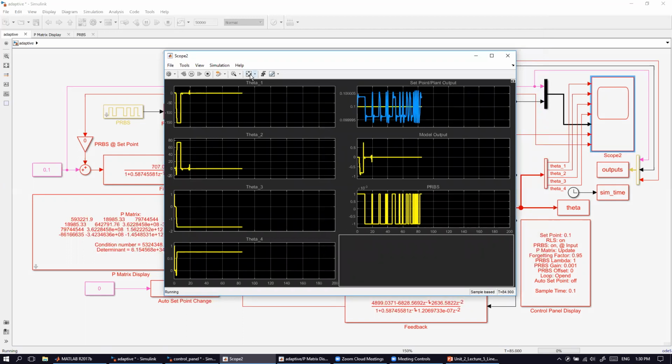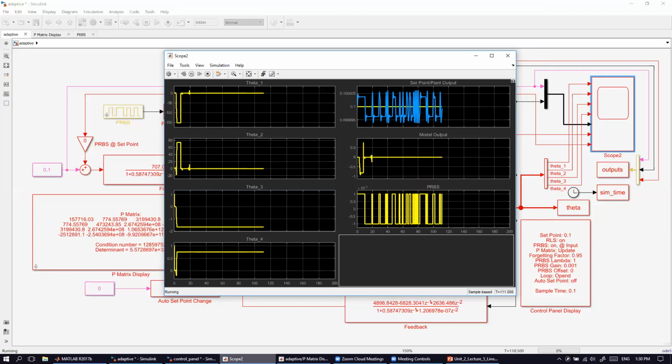So now I zoomed it in. You see here the scale is very small. And what we see here is how our plant is reacting to the PRBS excitation. You see this, right? And now we are still running the system in open loop.